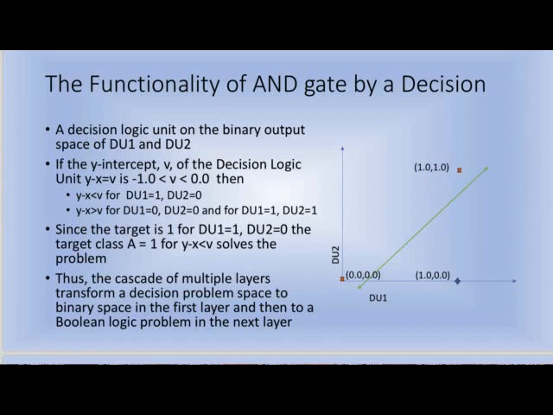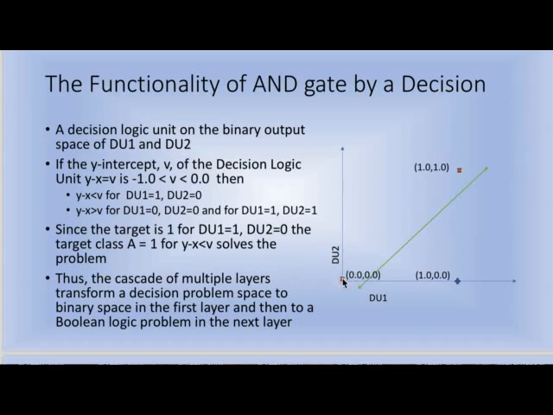By following the same rule for decision output, we can see that the decision output is 1 for the blue points and the decision output is 0 for the red points, and that is perfect because the blue points belong to class A, and we know that the target value for class A is 1, and the decision output for the red points is 0, and we know that the target value for the points that do not belong to class A is 0.